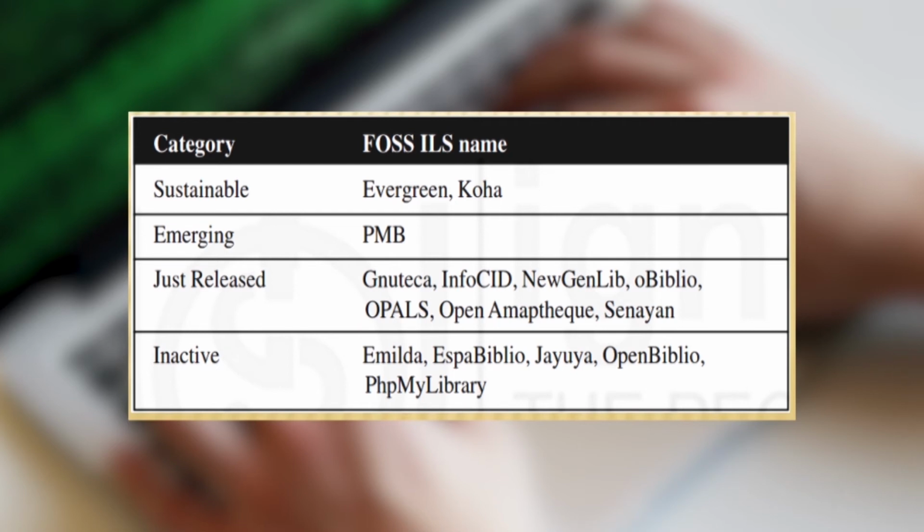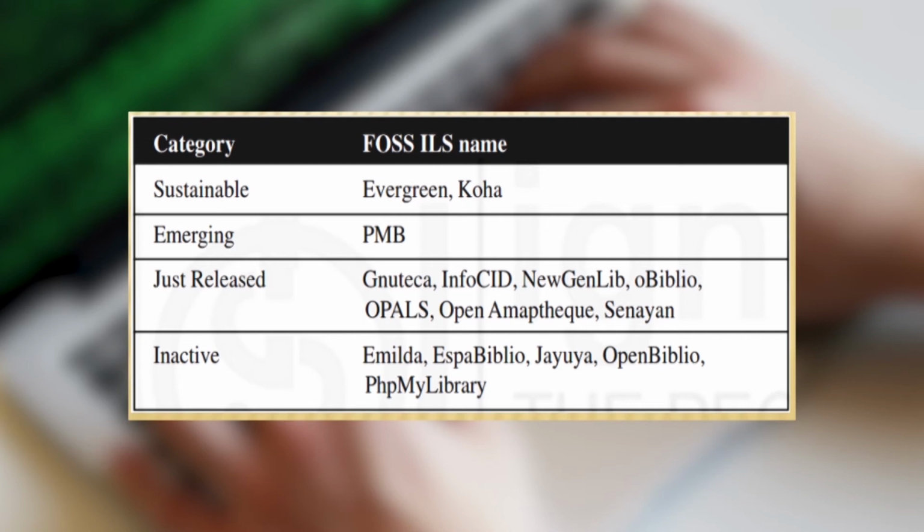Now infancy or just released, still different kinds of software. NewgenLib is quite matured now, and NewgenLib may be considered as just released, but the user base is not quite high, although NewgenLib is developed in India. So NewgenLib's user base is slowly decreasing.